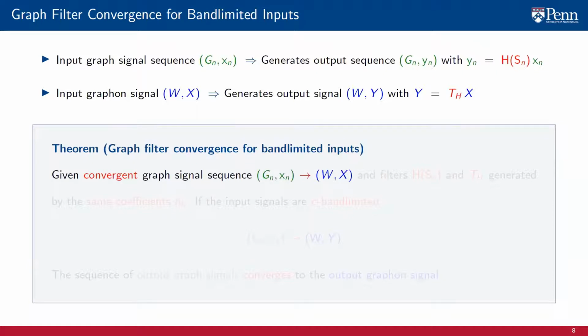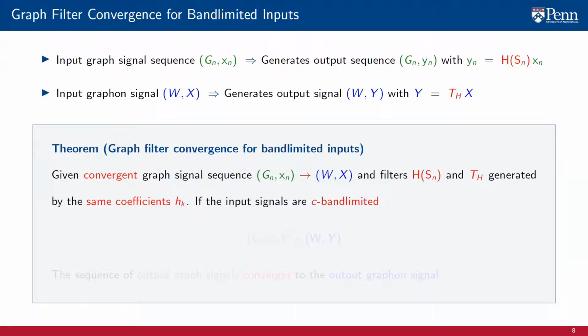The sequence of input graph signals Gn, Xn is convergent. It converges to the graphon signal Wx. The filters H of Sn and Th are generated by the same filter coefficients Hk. It then follows that if the input signals are C-band limited, the sequence of output graph signals converges to the output graphon signal.